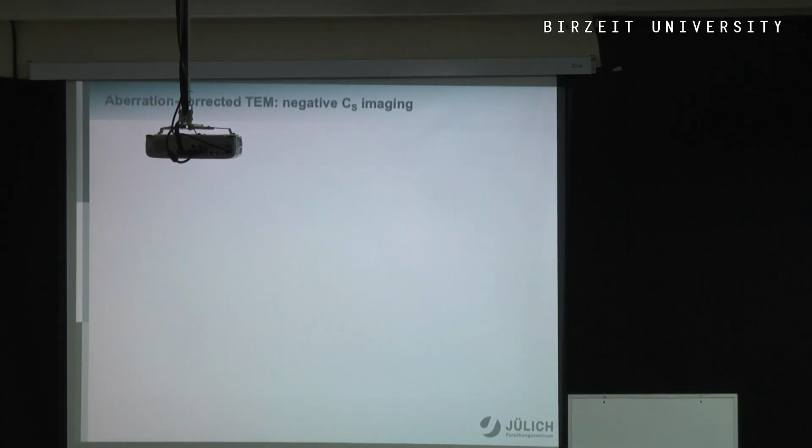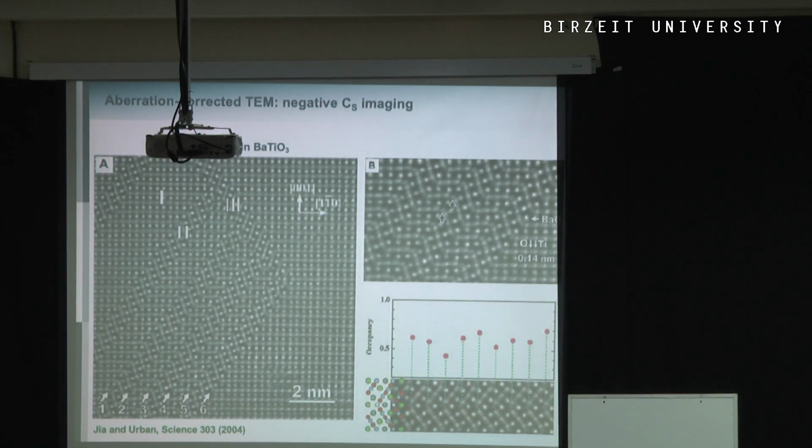What is the result? The result is you have beautiful electron microscope images. This is an image obtained by my colleague Chunlin Jia in Jülich of an oxide. This is barium titanate, and in most materials in electron microscopy you look not at perfect regions of material but at defects to try to understand why materials have certain mechanical or electrical or magnetic properties.